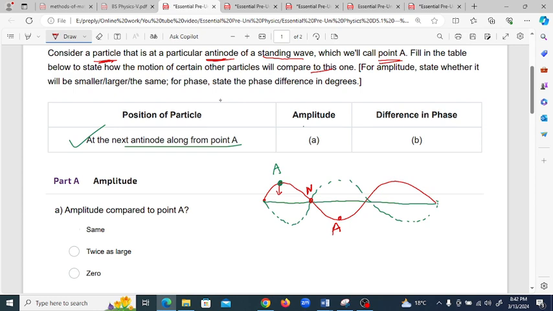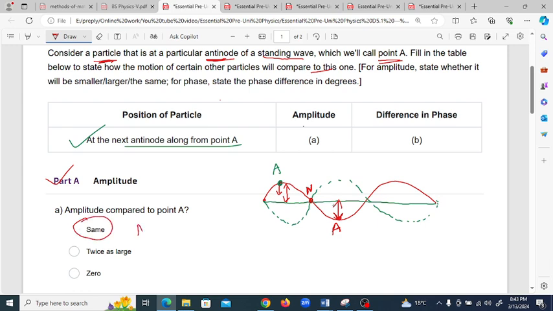So we are dealing with the next antinode, and it is here below. Remember that an antinode has the same maximum amplitude. So the next amplitude below is also the same. Compared to point A, the next antinode also has the same amplitude.